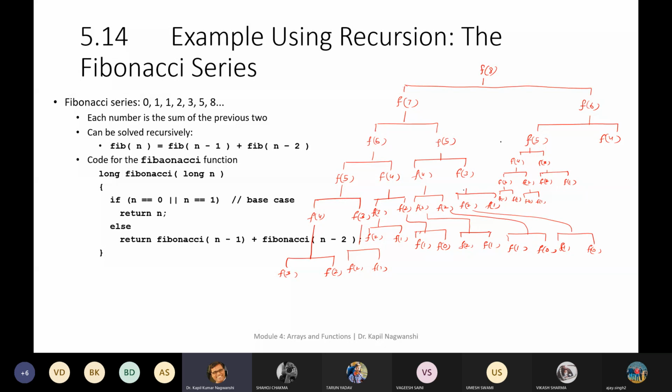So solve it and see that 0, 1, 2, 3, 4, 5, 6. So what will be the answer for 8? 6th is 8, 7th will be 13, and 8th will be 21. 21, na?